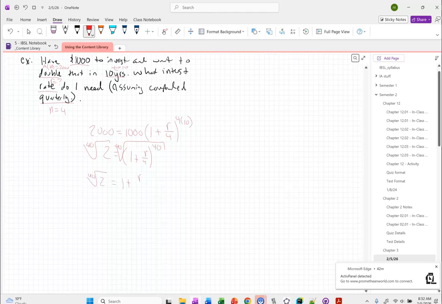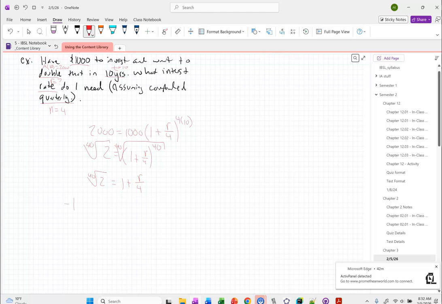And now the 40th root of 2 is just some terrible looking decimal. I'm not going to worry about making the decimal right now. I'm just going to wait and do it all in one stroke on my calculator. Last steps would be to, how about we subtract the 1 first and then multiply by the 4? Usually that's what we do when we're solving, right?